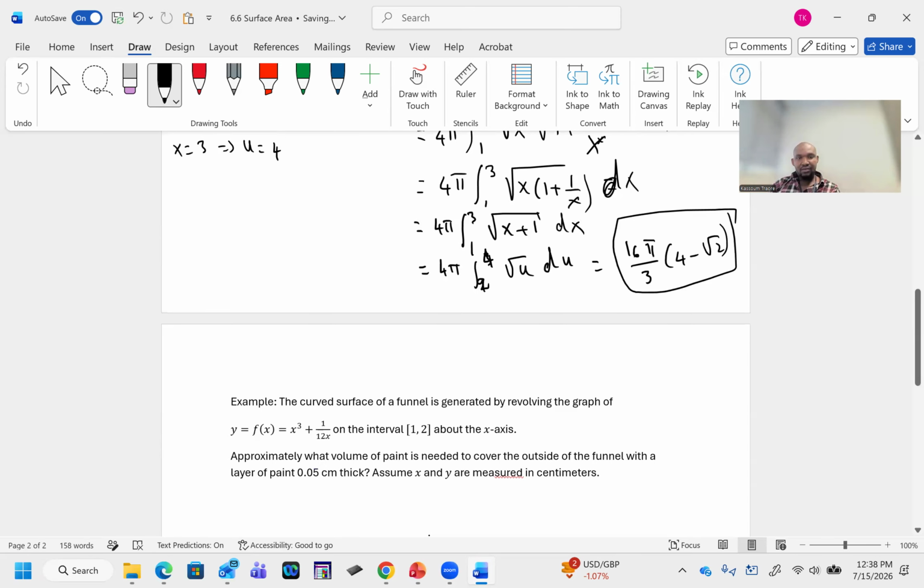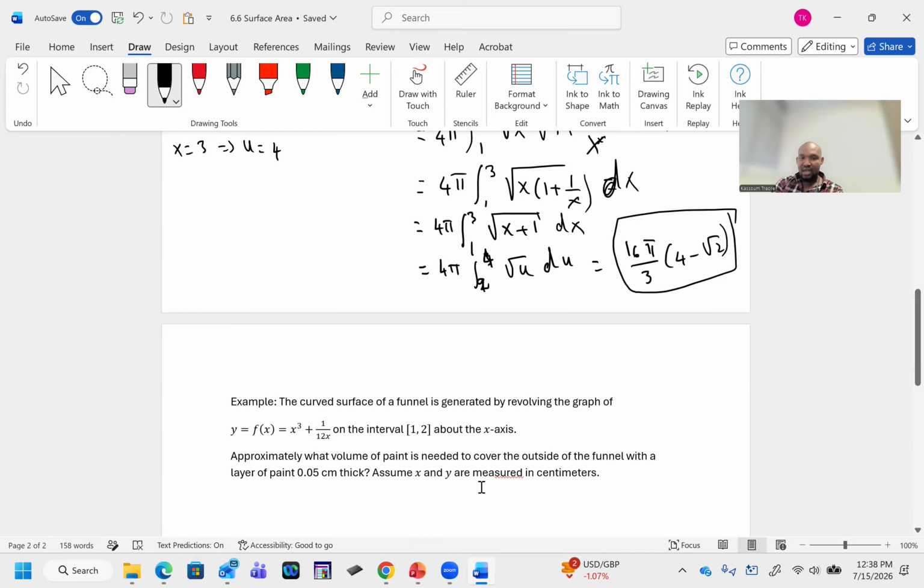So the curved surface of a funnel is generated by revolving the graph of y equals f of x, which is x cubed plus 1 divided by 12x, on the interval 1 to 3 about the x-axis. Approximate what volume of paint is needed to cover the outside of the funnel with a layer of paint 0.05 centimeter thick.